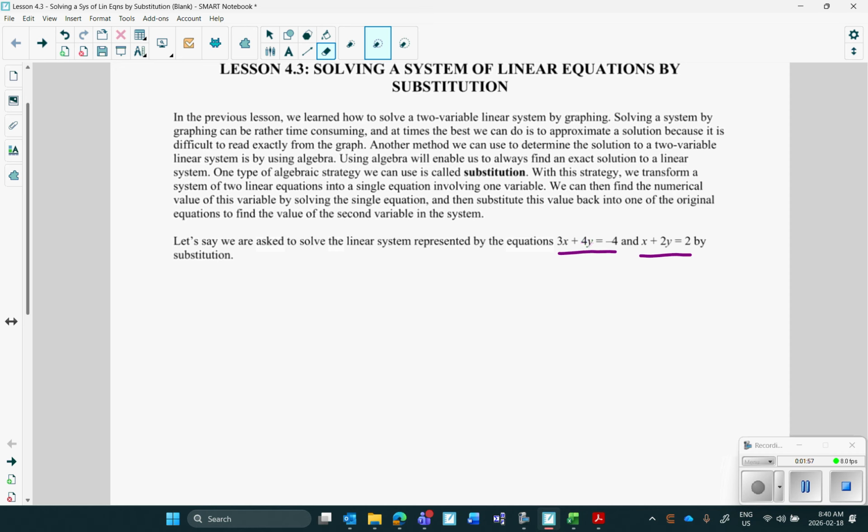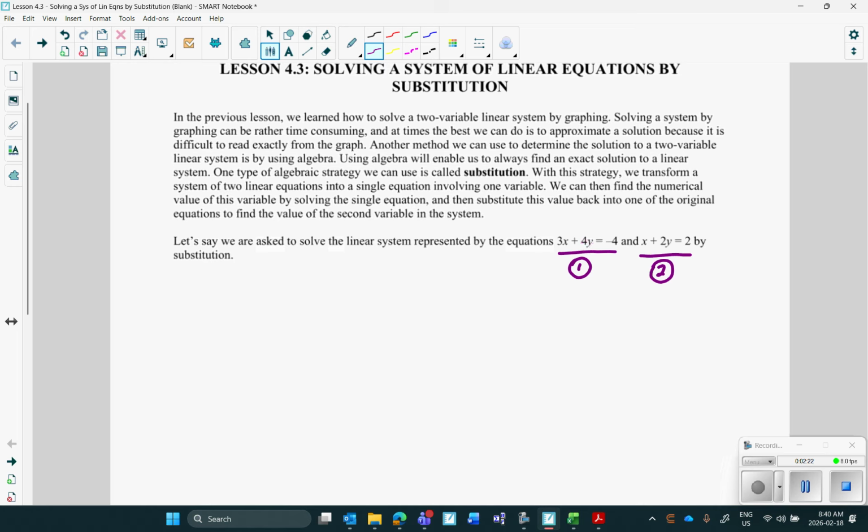So let's say we have this system and we're asked to solve it using algebra. So we're going to use something called substitution. First thing I'm going to do, to keep track of what I'm doing, is I'm going to number each equation.